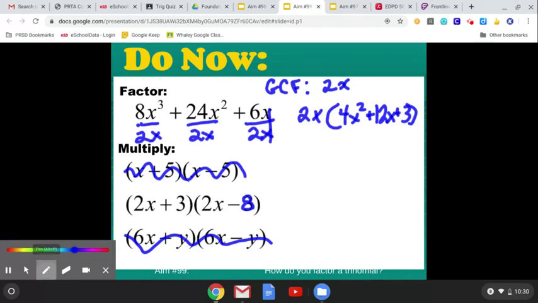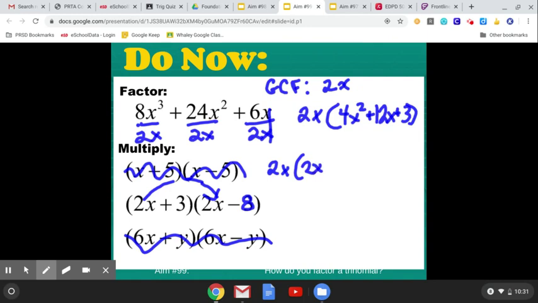So we go back to this idea of, okay, how do you multiply something? Well, we multiply 2 times 2x minus 8, and then we multiply 3 times 2x minus 8.